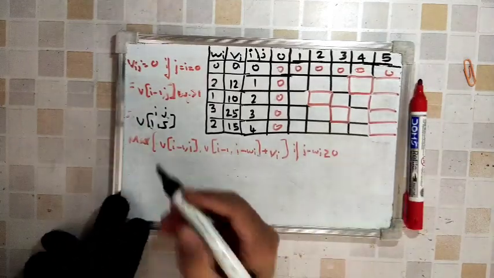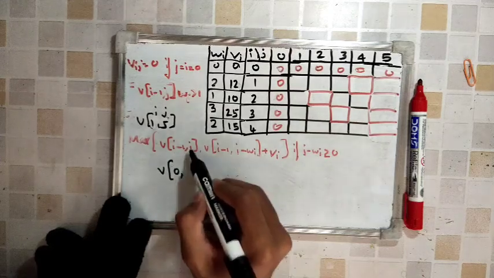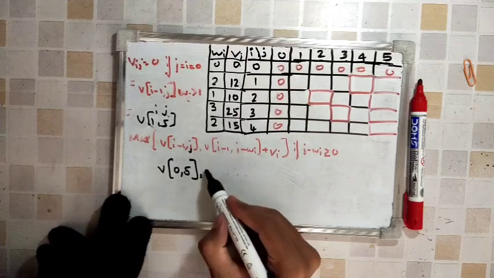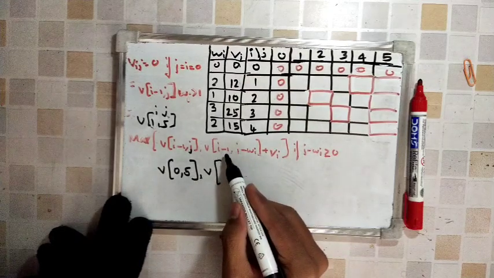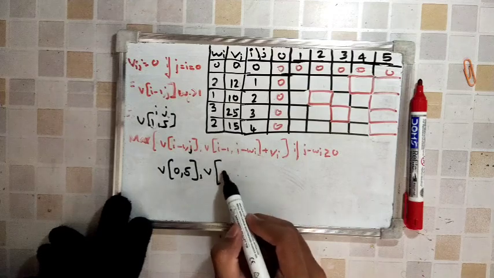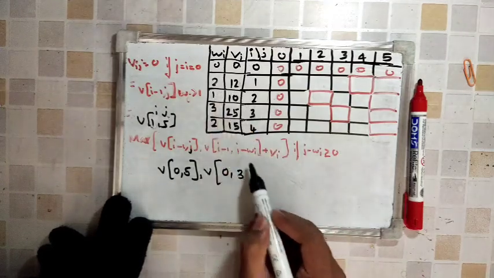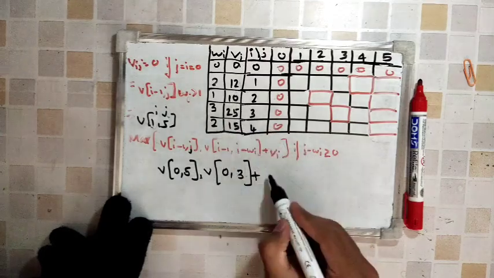Now what I'll do, v of i minus 1, what is i minus 1? 0, comma j is 5. So i minus 1 is 0 again, j minus wi, the weight is 2, so that is 3, 0 comma 3, plus what's the profit here, vi, that is 12.